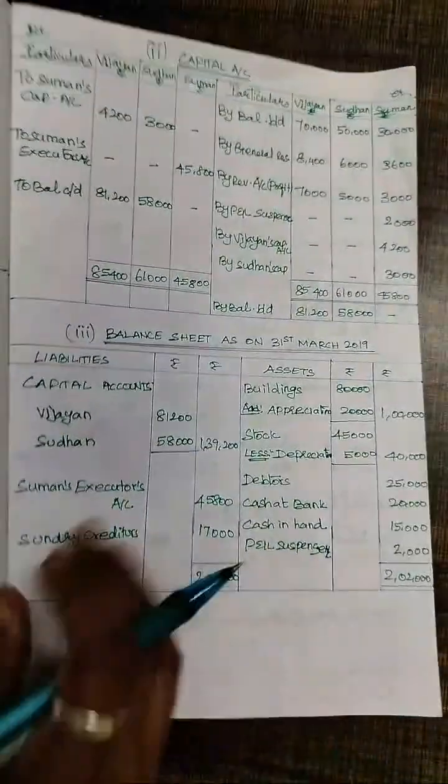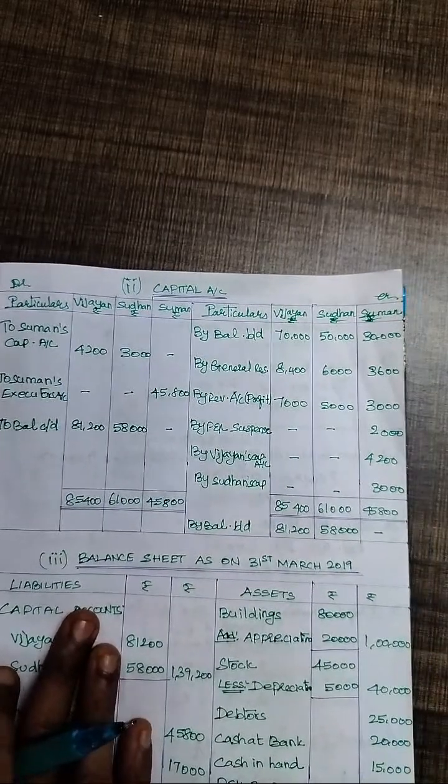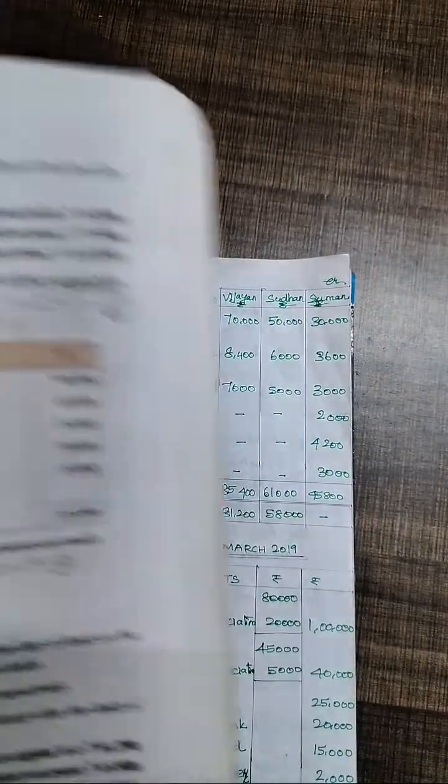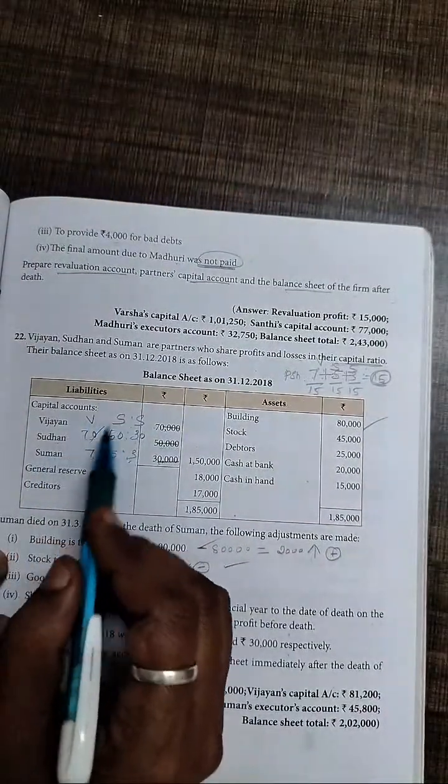So we prepared the revaluation account, right? So now we are going to prepare the capital account. How can you start the capital account? We always start the capital account with opening capital. The opening capital is given in the question on the liability side of the balance sheet.